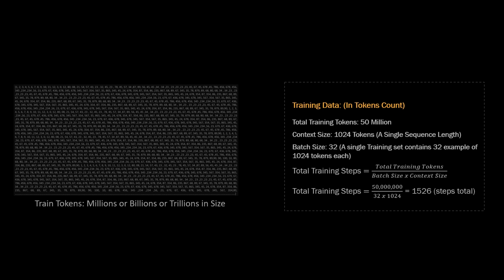In real-world pretraining, 50 million tokens is a very small dataset. Typically, pretraining involves datasets with trillions of tokens, meaning the total number of training steps would be in the thousands or even more. In research papers and reports, you will often see statements like Model X trained on Y amount of tokens, which refers to the total number of tokens processed during training.